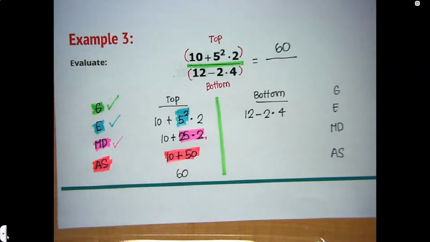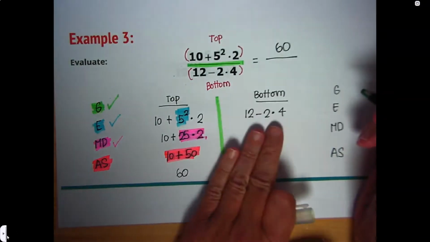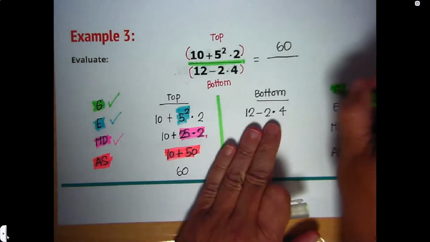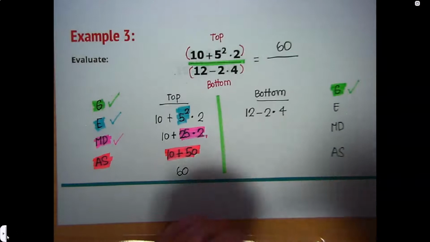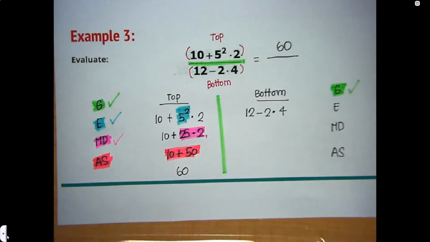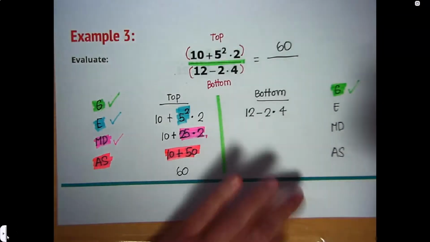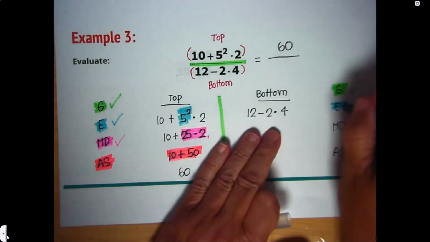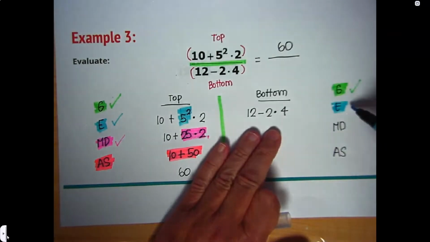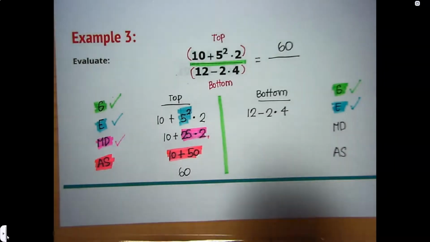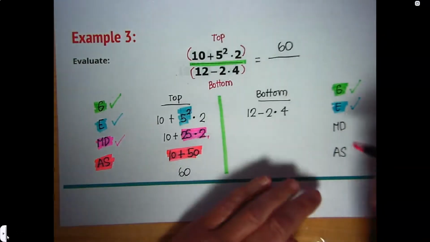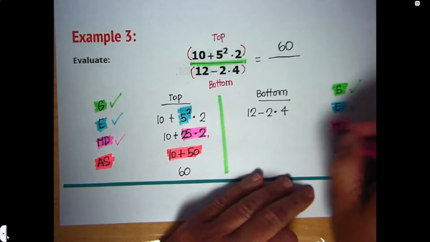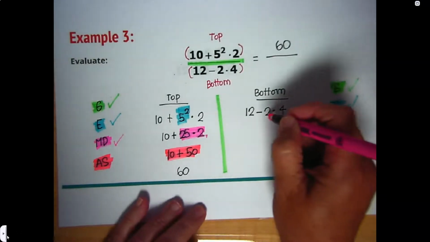All right, now moving on to my bottom problem. I'm going to go through my same process. When I look at this bottom problem, do I see any grouping symbols? The answer is no. So grouping symbols are done. Now looking at my bottom problem, do I see any exponents? The answer is no. So exponents are done. Looking at my bottom problem, do I see multiplying or dividing? And the answer is yes, I see 2 times 4.